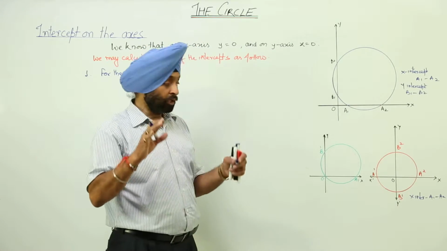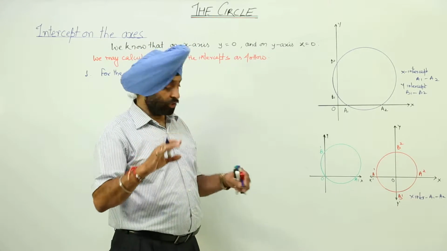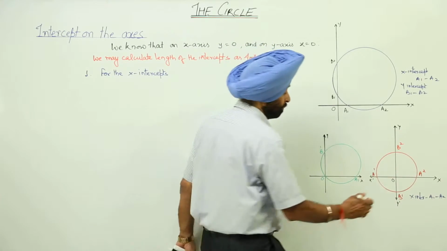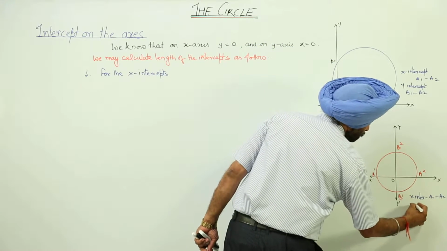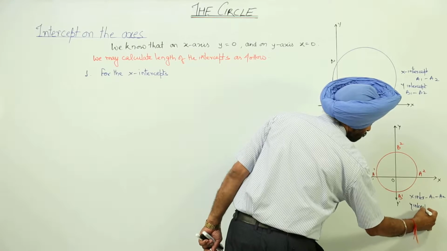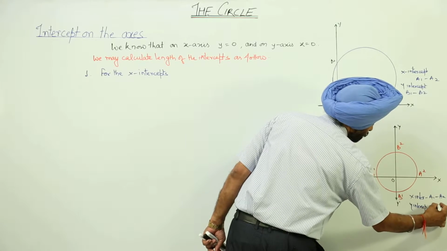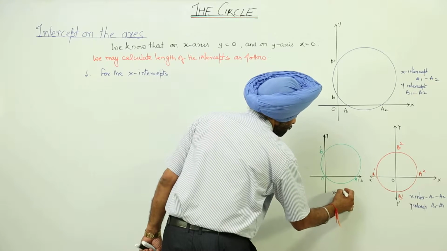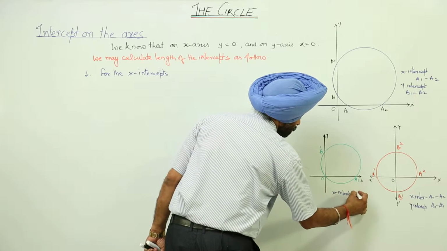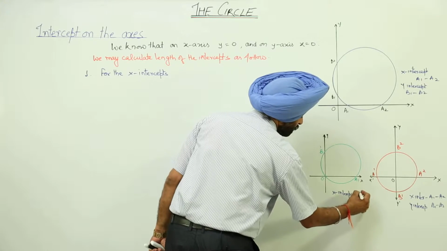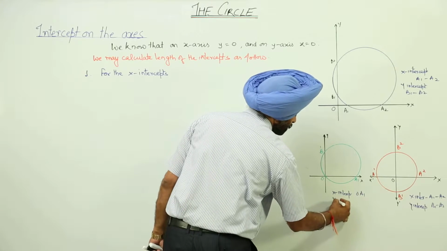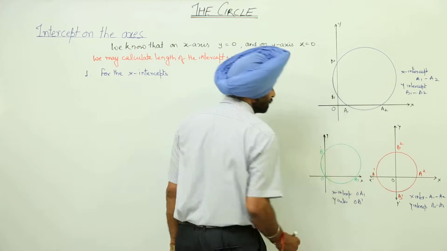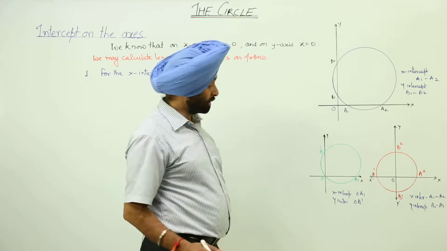Don't take it as a dash here, A1 to A2, from here to here, that is x intercept, and y intercept, that is from B1 to B2. Here x intercept OA1 and y intercept, it is OB1. This is the distance. Is it clear?